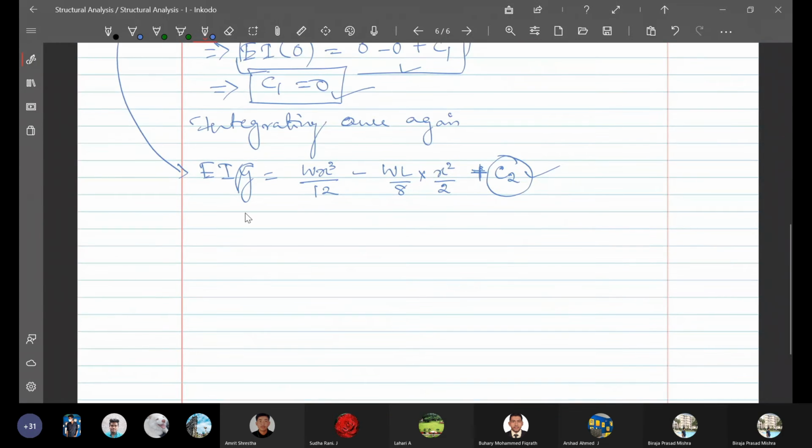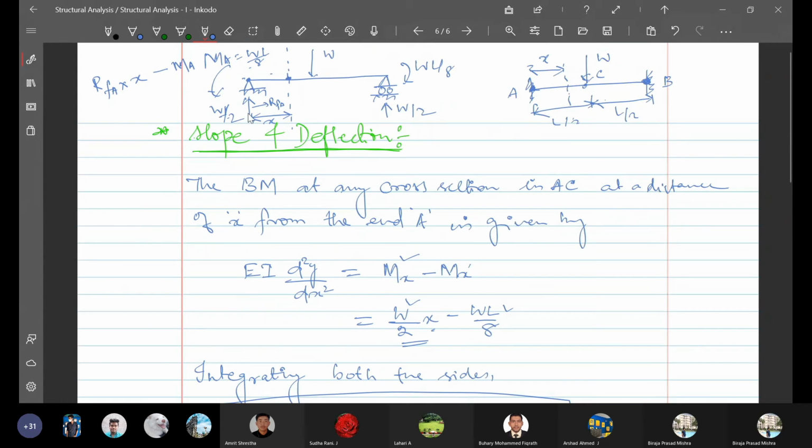Here we don't have any dy by dx, we have only y, so it means we will consider the deflection. At the center there will not be any deflection, so can I say at x equals 0, y equals 0, at x equals L, y equals again 0.